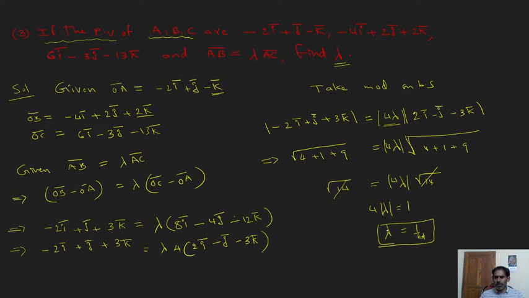So therefore modulus of lambda is 1 by 4. That implies lambda equals plus or minus 1 by 4 will be the correct answer. If you write modulus on both sides for the total LHS and RHS, then lambda will be plus or minus 1 by 4. Both are correct. If you write lambda equals 1 by 4, this will also be correct. Otherwise, plus or minus is also correct.